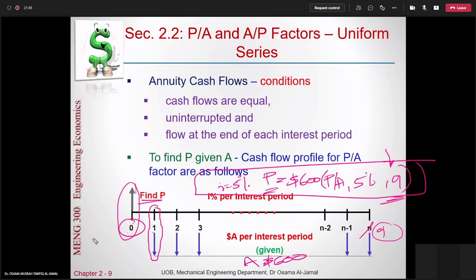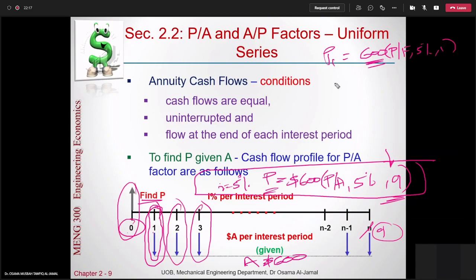Someone might come and ignore that concept of an annuity and solve it in another way. He's going to say, okay, I have the future value at year 1, year 2, year 3, 4, 5, 6, 7, 8, 9. So he'll find P given that future value of 600, at 5%, 1.